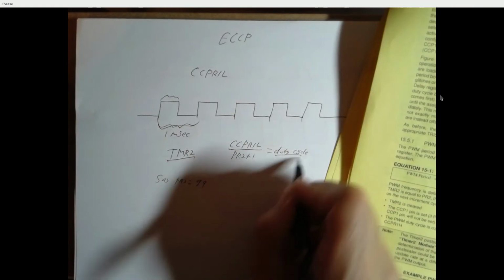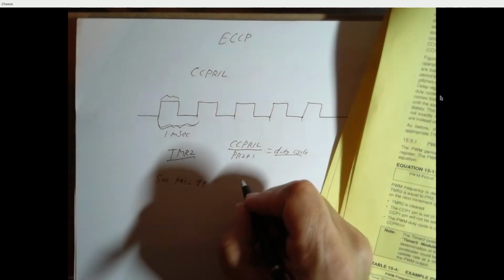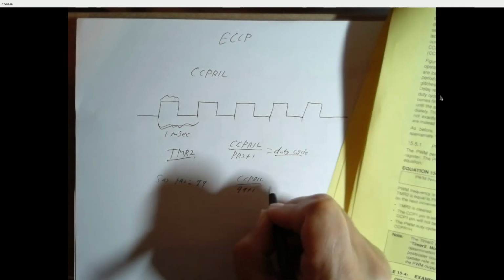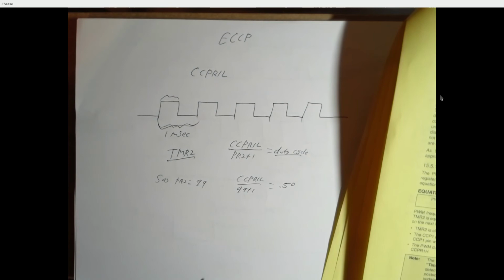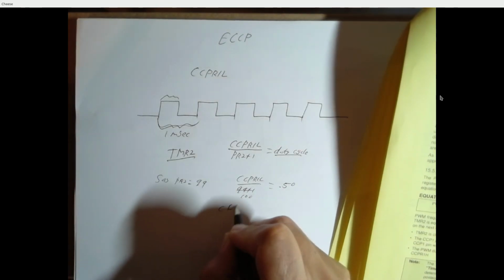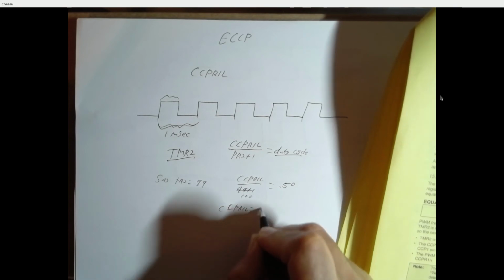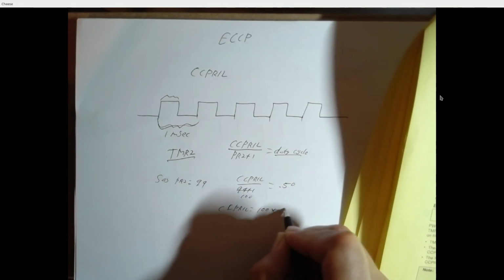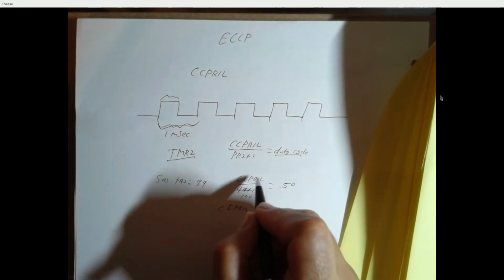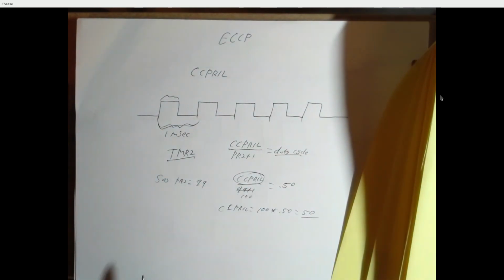If we want a 50% duty cycle, we need CCPR1L over 99 plus 1 to be equal to 0.50. Do the math: this is 100, multiply through, CCPR1L equals 100 times 0.5, which is just 50. Load the number 50 into CCPR1L, and you get a 50% duty cycle.